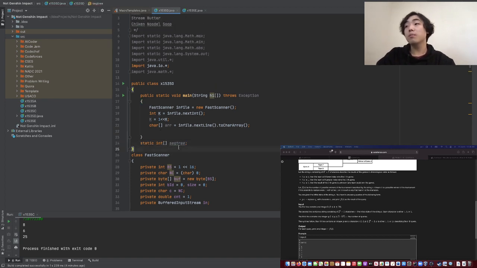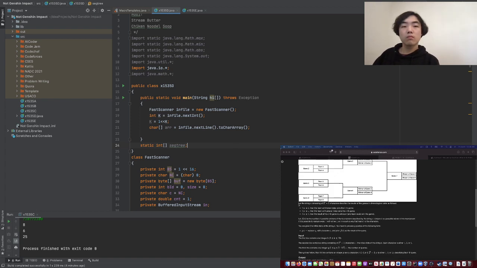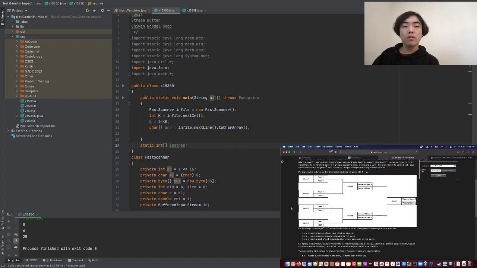This is how many games that we can win. Yeah, this is the leveled segment tree.